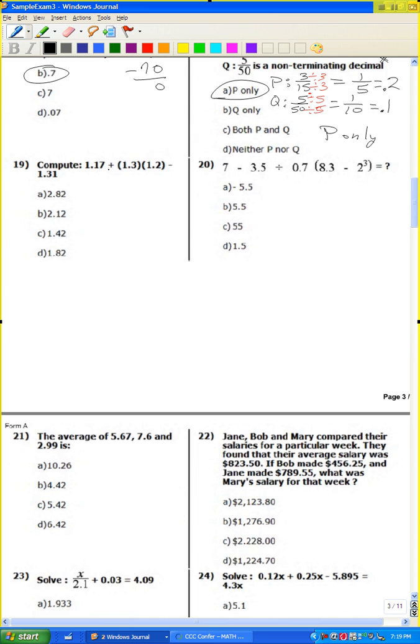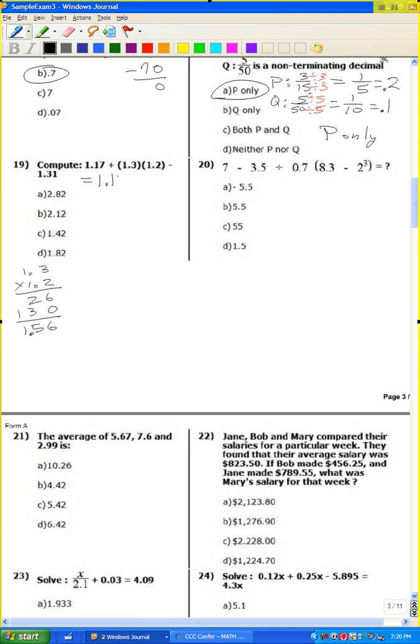Compute 1.17 plus 1.3 times 1.2 minus 1.31. Well, first let me multiply. So let's multiply 1.3 times 1.2. And so 26, 13, 156. There are two decimals, so 1.56.